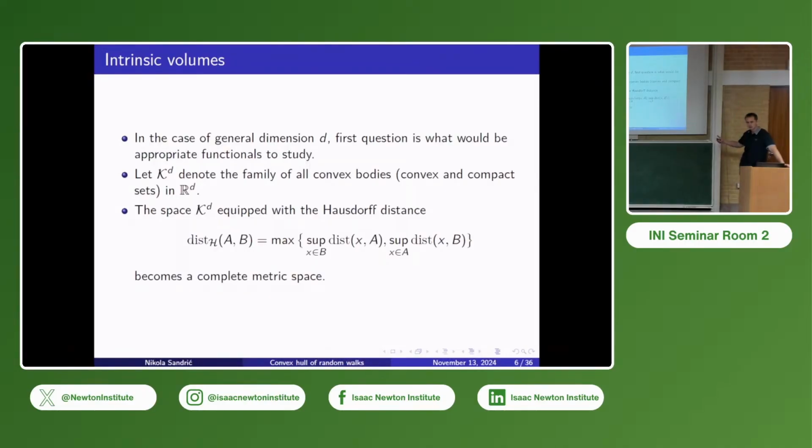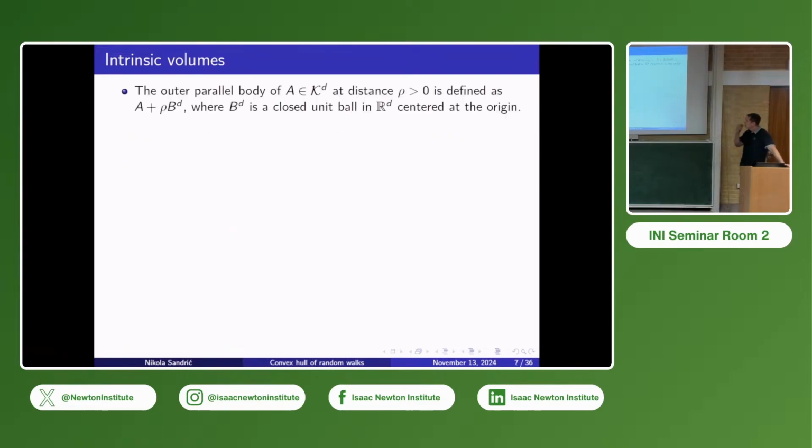We will study limit theorems, in particular weak limits. So we can conclude some things from this, of course. Next, let us take a set A from K and a strictly positive real number rho.